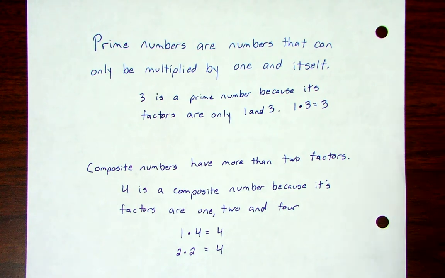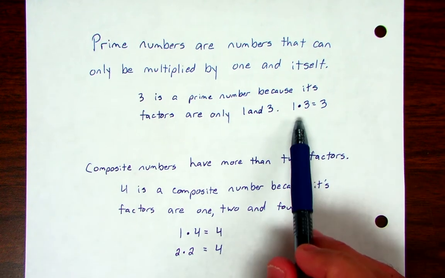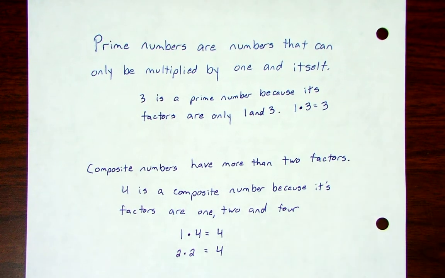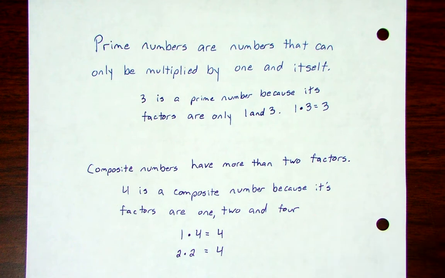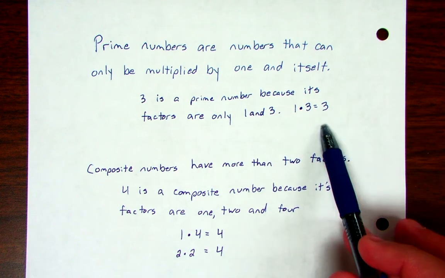2 key things. We are dealing with prime numbers. Now remember, prime numbers are numbers that can only be multiplied by 1 and itself. For example, 3 is a prime number because its factors are only 1 and 3. So I gave an example: 1 times 3 is 3. 5 is also a prime number because 1 times 5 equals 5.